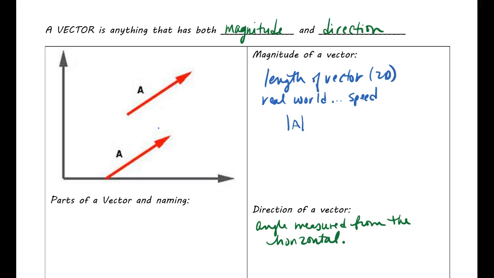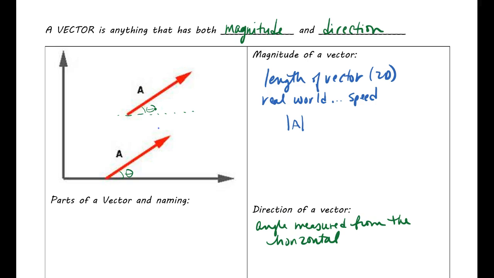Like if you look at my picture over here, I have one A that's drawn up here, and I have another A that's drawn down here. This one's already attached to a horizontal, so the direction of this one you could just label as theta. But if you left it out here in the middle of nowhere, you would need to draw your own horizontal and measure that as the direction, okay?